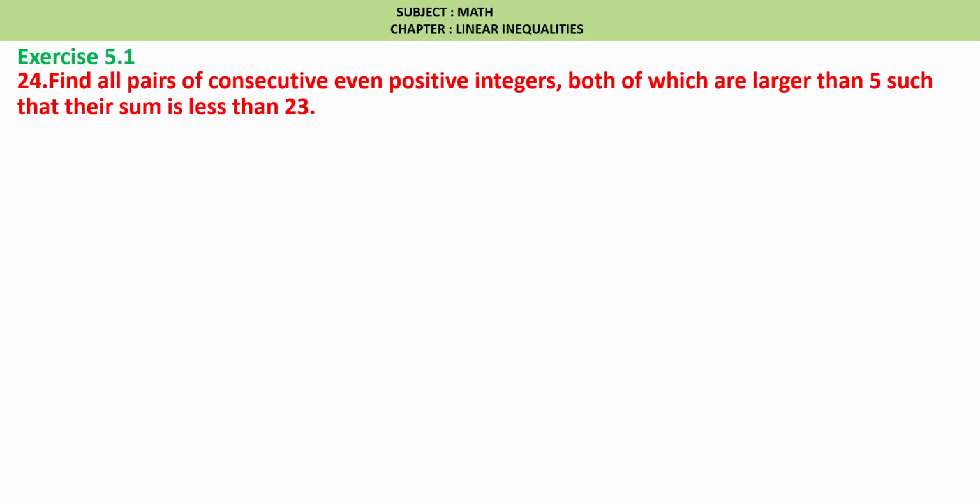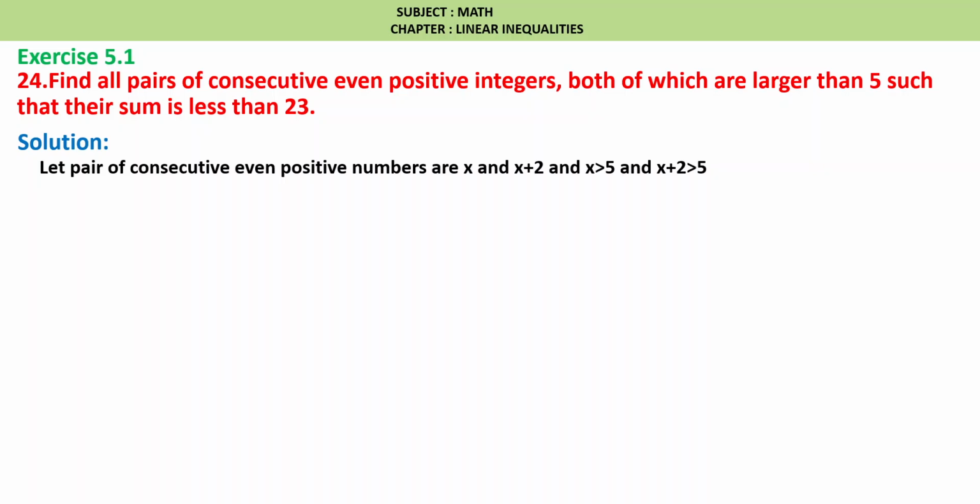Let's do one more. Find all pairs of consecutive even positive integers, both of which are larger than 5, such that their sum is less than 23. See, two consecutive even positive numbers always differ by 2. For example, 2, 4, 6, 8.